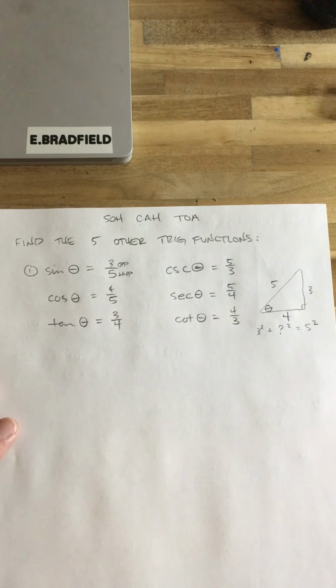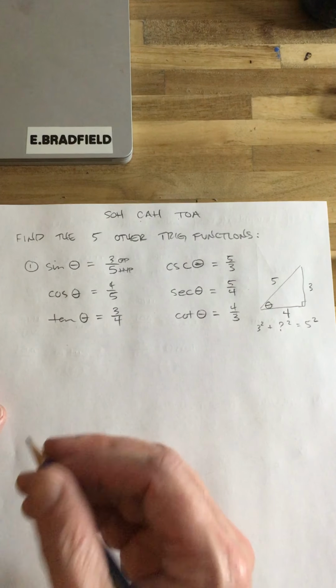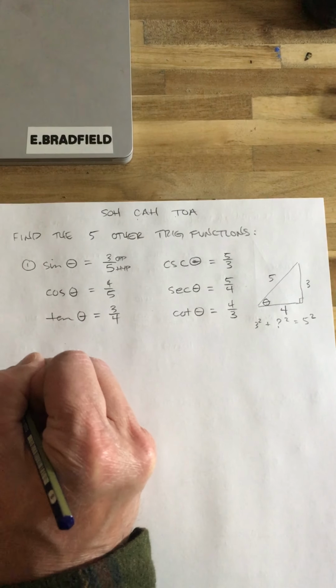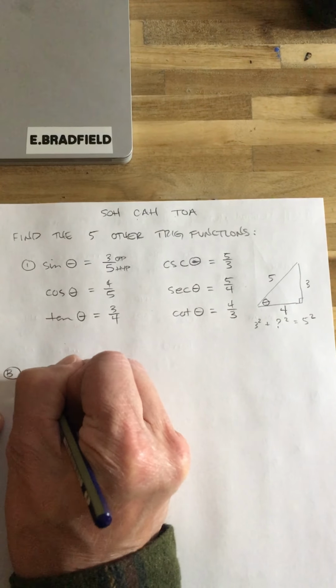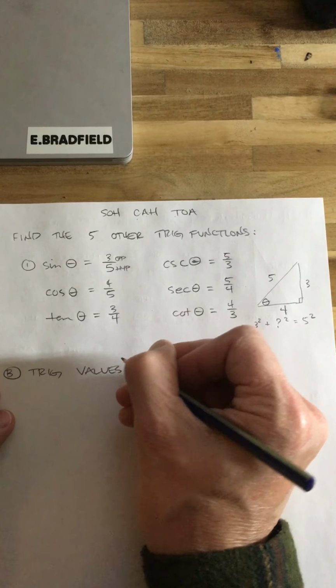All right, cool. I might have to break this up into a second video, but let's see how long I can push it. Let's do part B, trig values for special angles.